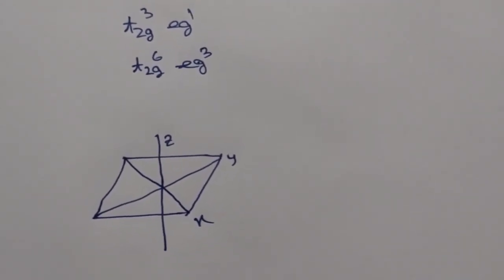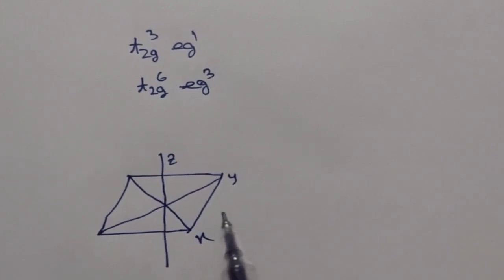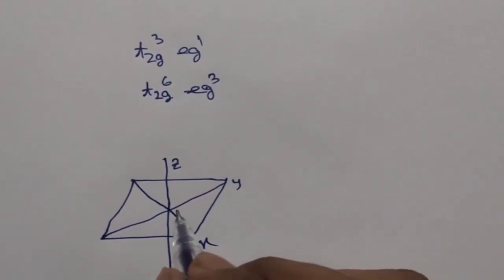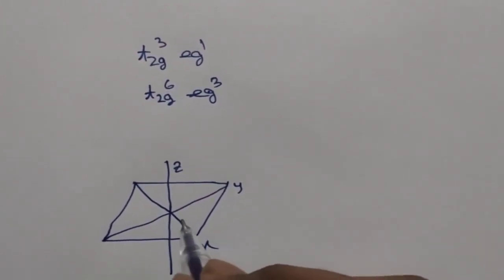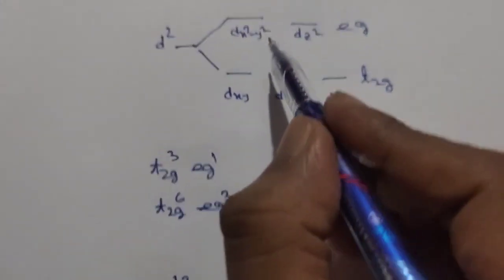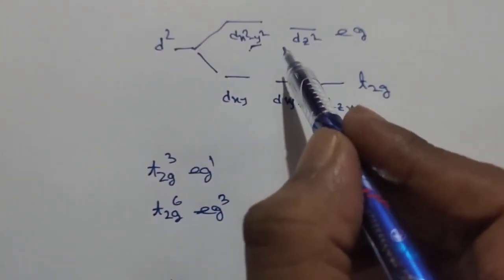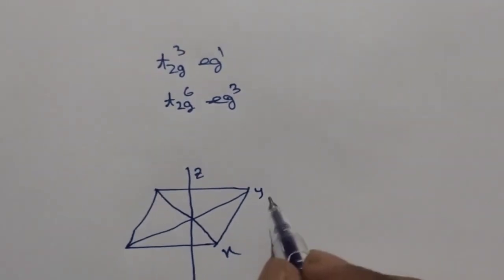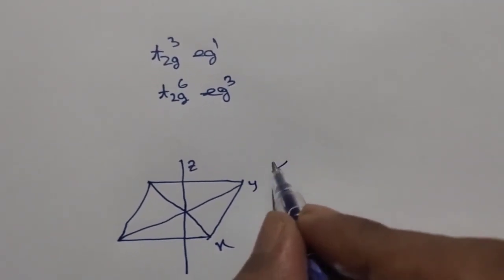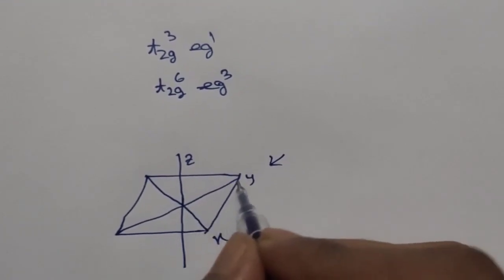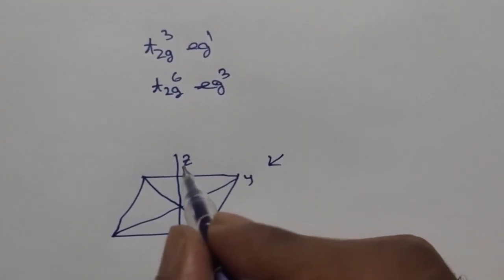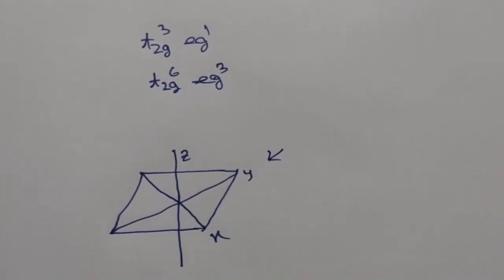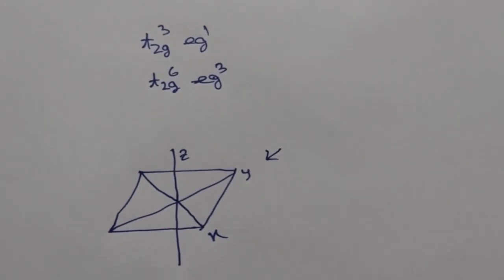Now if there are more electrons in dx square minus y square than dz square, then ligands approaching along the x and y axes will be repelled more than along the z axis, and vice versa.